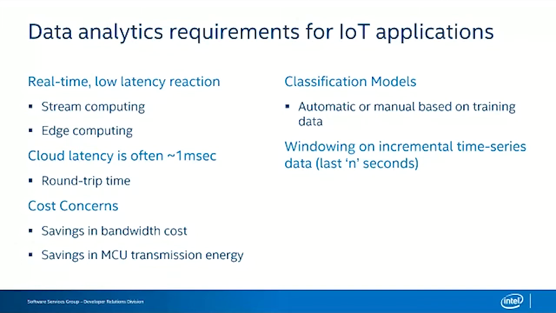The second is cost. When you're generating terabytes of information, and 99% of it is not failure related, not action oriented, you're sending a lot of unnecessary data to the cloud. So you want to build out an edge environment that does this in a cost-effective manner.